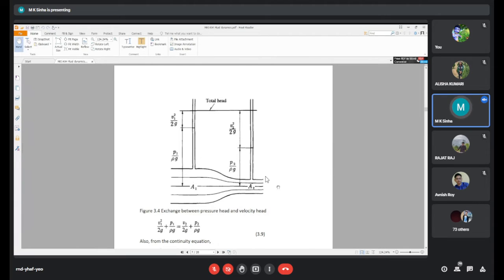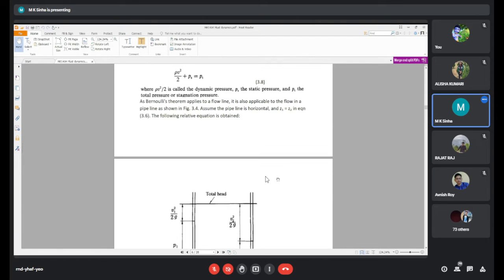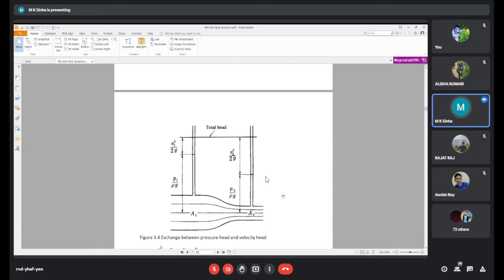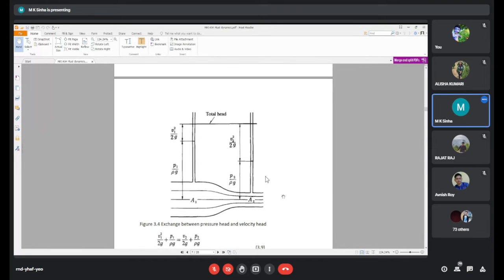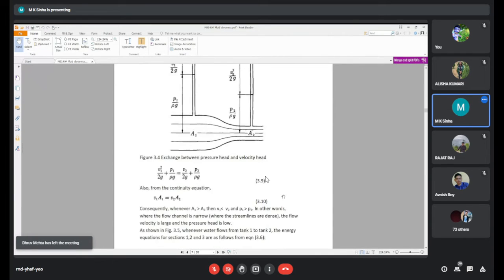Only the area changes, so Z1 and Z2 are the same along the streamline. So that is not added here. So pressure head and velocity head are compared.